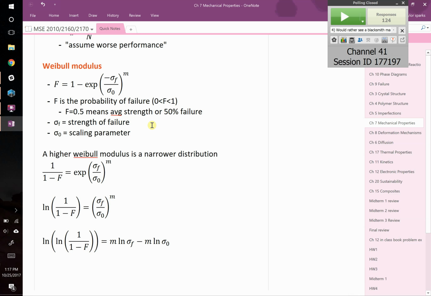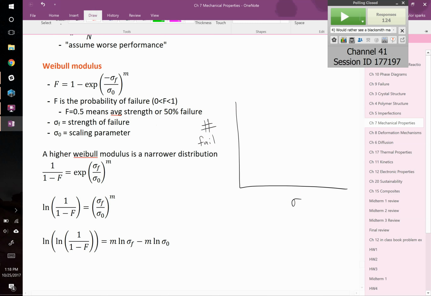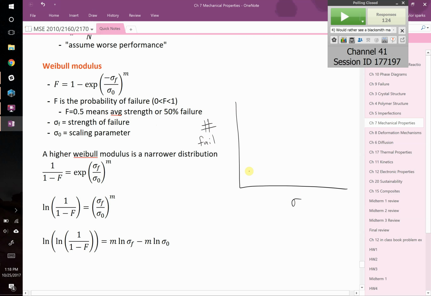So let's actually draw this. If you have the number that fail, and you're plotting that against stress, you could have a narrow distribution, where most of them fail within a pretty tight band, or you could have a broad distribution.